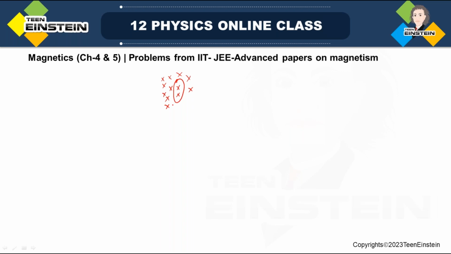I'm just telling you with a single loop. When this loop is rotated about its diameter with a certain angular velocity omega, this is the common diameter.